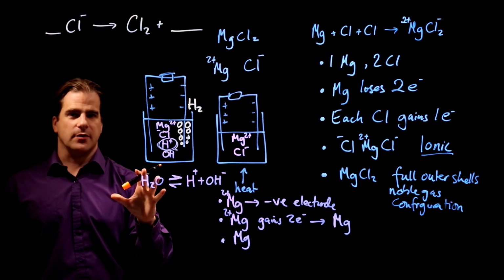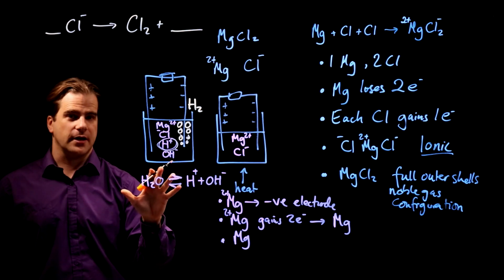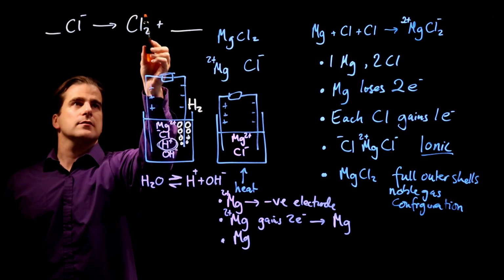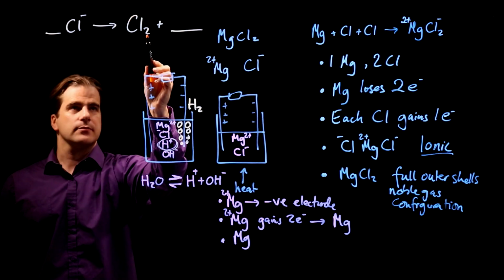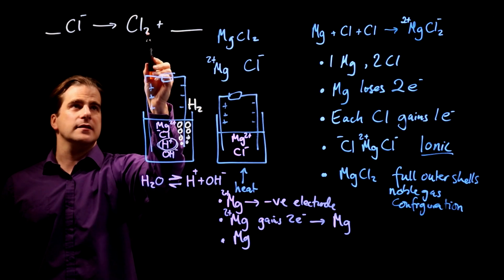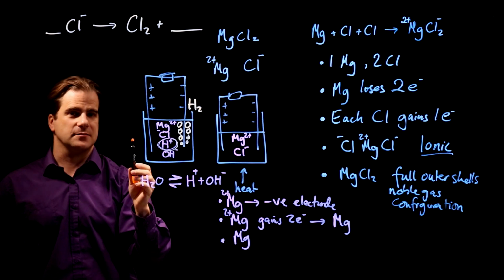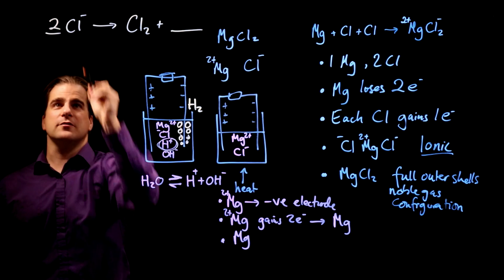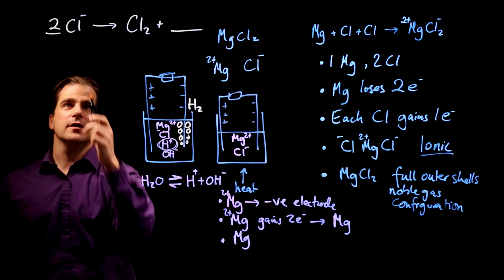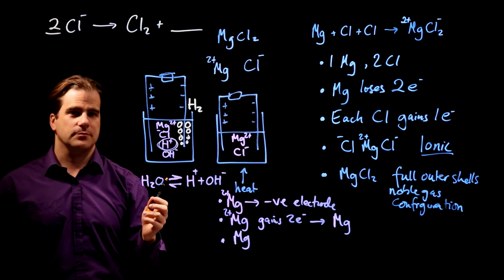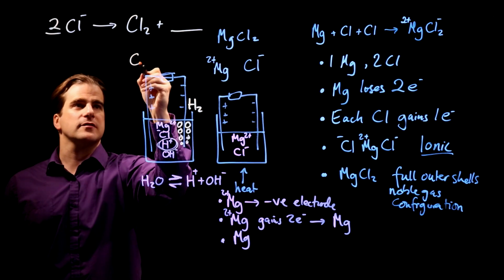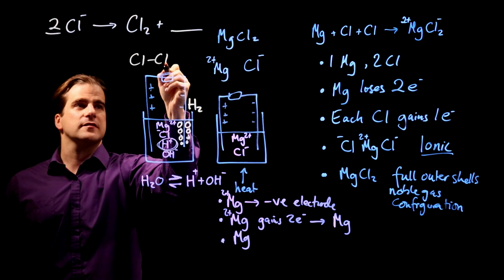So, half equations means electrons, okay? So what have we got? Well, there's Cl2 here. Little 2 means there are 2 Cls, right? So there must be 2 Cls on the left. What goes in must come out, okay? Cl2 is just chlorine, the molecule, so Cl, Cl.